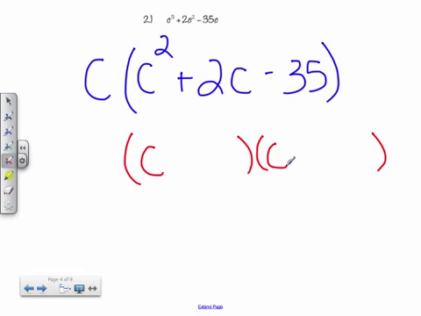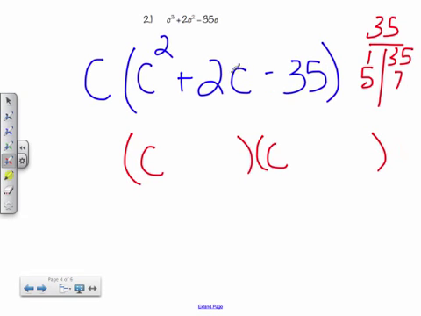Okay. Then I'm going to look for some factors of 35. So let's make a chart for factors of 35. So my choices are 1 and 35, 2 is not an option, 3 is not an option, 4 is not an option, 5 is an option, 5 and 7. 6 is not an option, 7 is an option, but it's already there, so I've exhausted all possibilities.